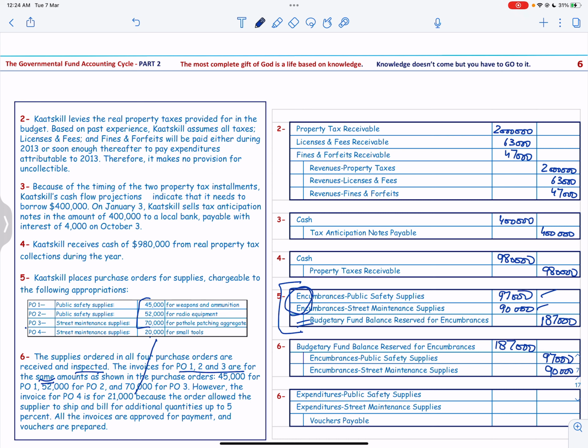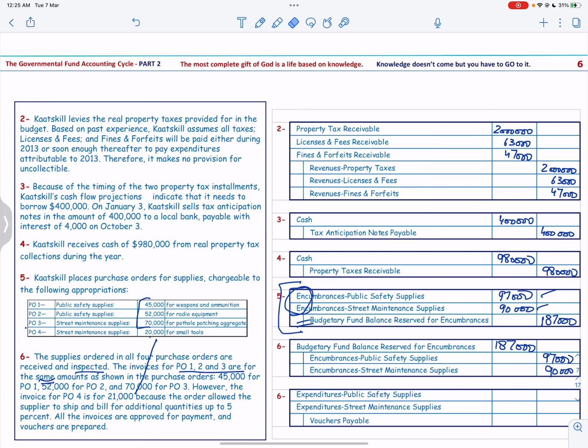Next, because we have received the order, a financial journal entry will be recorded to record the expenditure and the liability. Because we are not paying, we will be following the voucher system. So expenditure public safety will be debit, and this will be debit by 97,000.